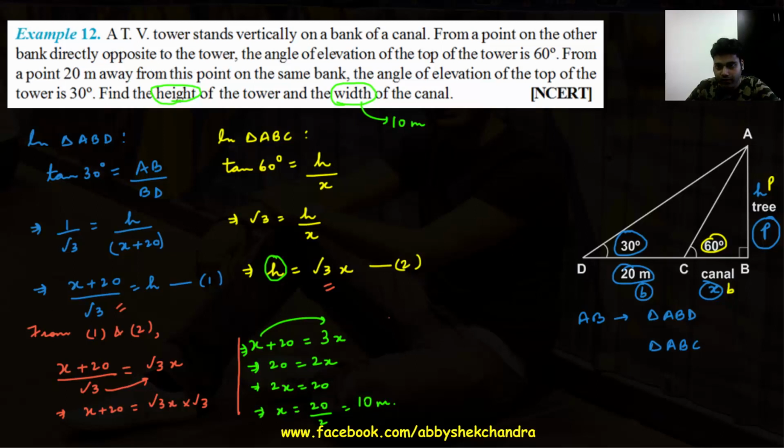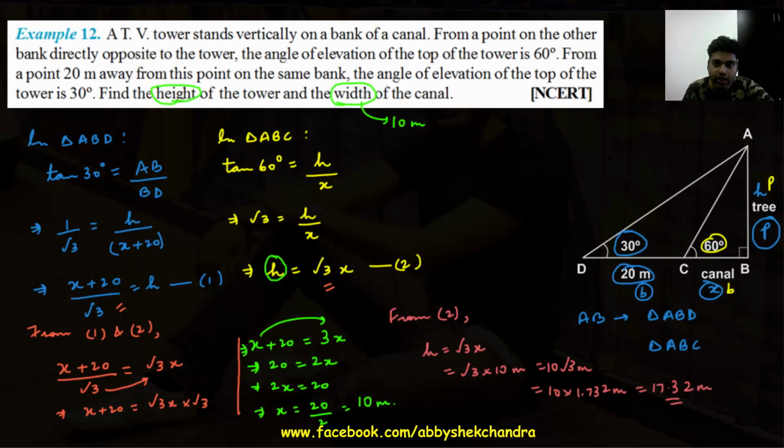Now from 2, h equal to root 3 times x equal to root 3 times 10 meters equal to 10 root 3 meters, which will be 10 into 1.732 meters equal to 17.32 meters. So this will be the height of the tower.